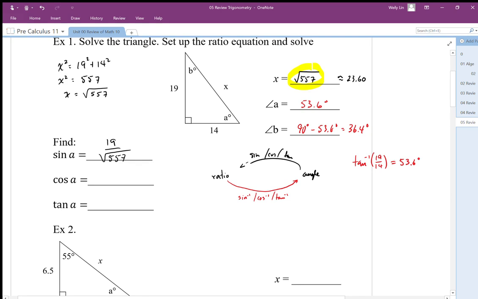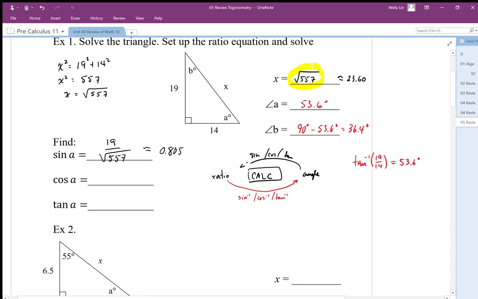If I work this out as a decimal, which we really don't want, I get approximately 0.805. And there's my ratio. If I know the angle 53.6, I can also use my calculator.